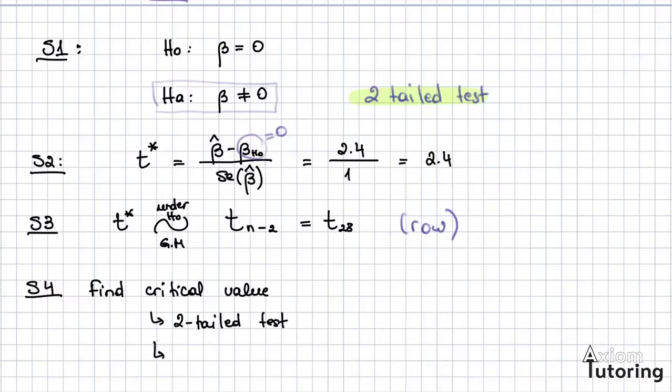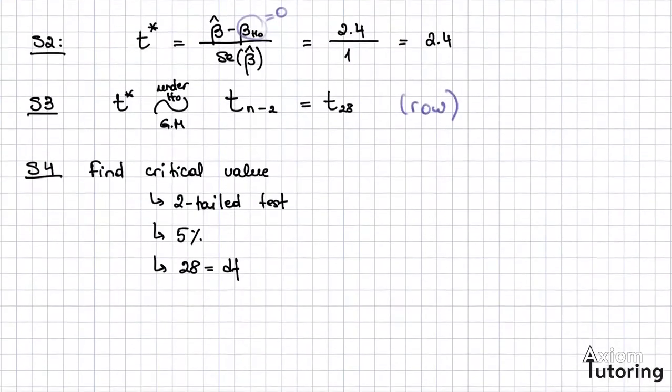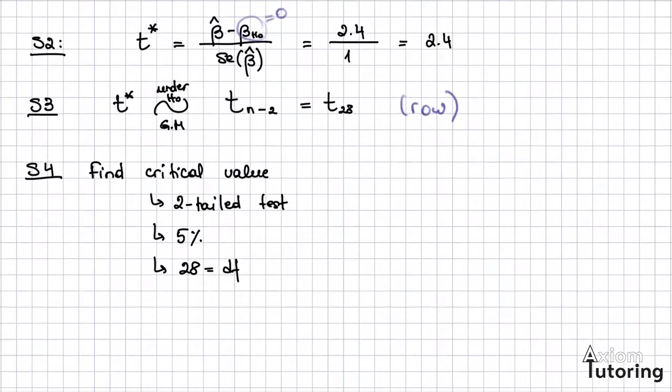We know that it needs to be at the 5% level, and we also know that we have 28 degrees of freedom to look up for this value. If you open up your t tables, you will find that the t critical for this particular case is very close to 2.05. This is the value that defines the boundary between typical outcomes and extreme outcomes.